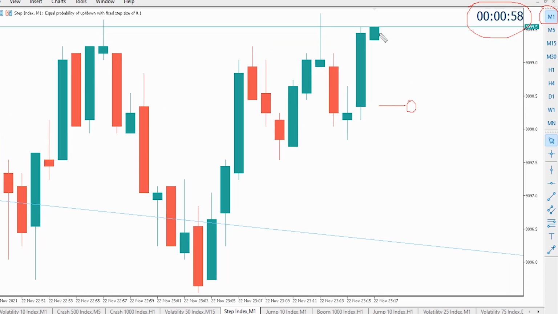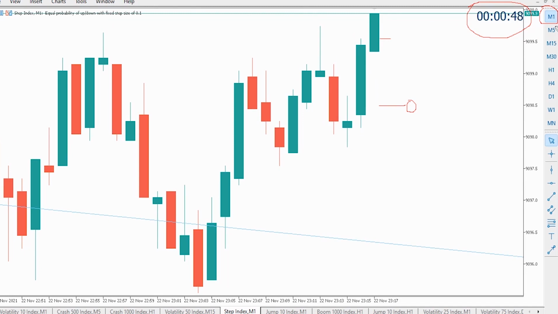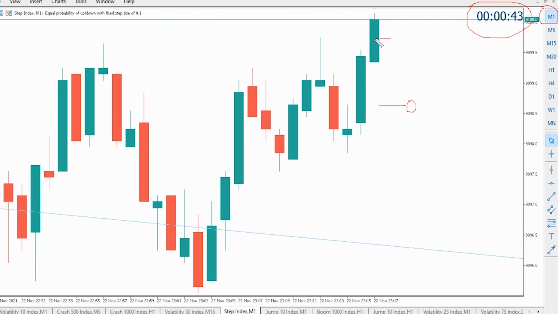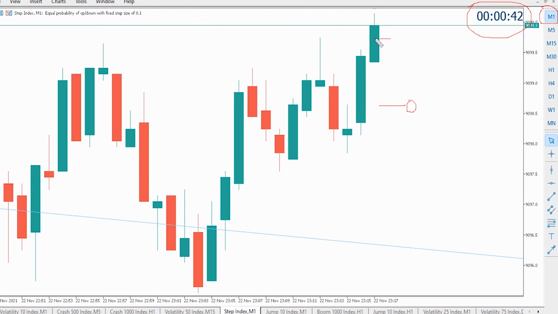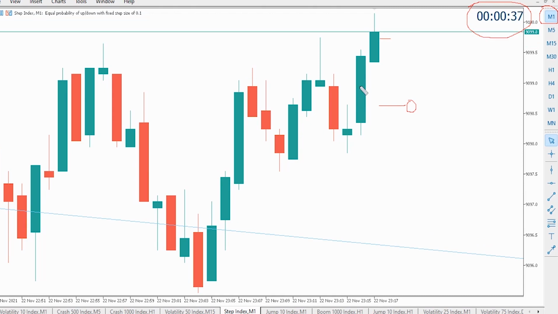Another candle starts from here. So each time this timer finishes, a new candle begins to form. Why is that? Because each of these candles is going to take 1 minute to form. That is exactly the relationship between time frame and candlestick.